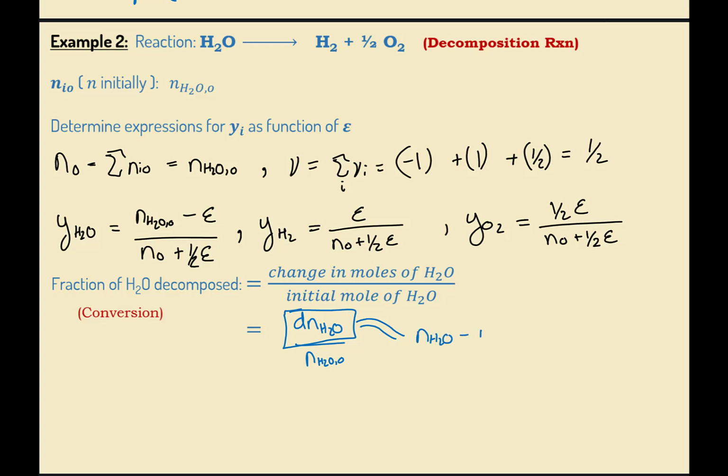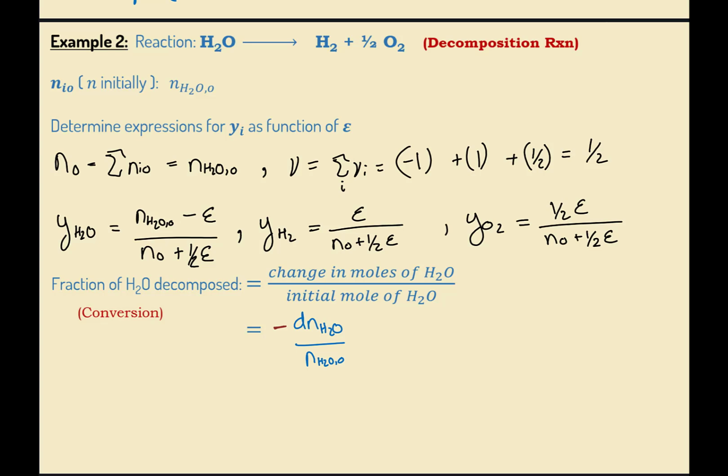NH2O minus NH2O naught. Now H2O is a reactant, so would this be a positive or a negative? Negative. Is conversion a negative or positive? Conversion is a fraction, either 0% or 100%. It's always a positive number. So because of that, we're going to add a negative to this expression.